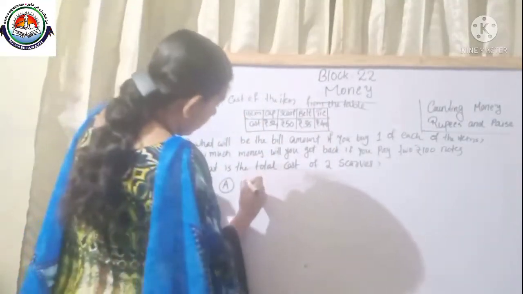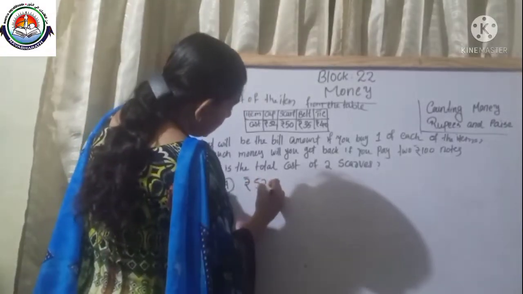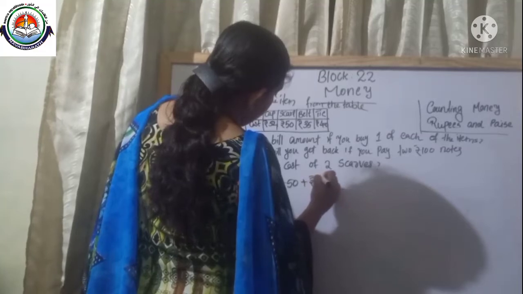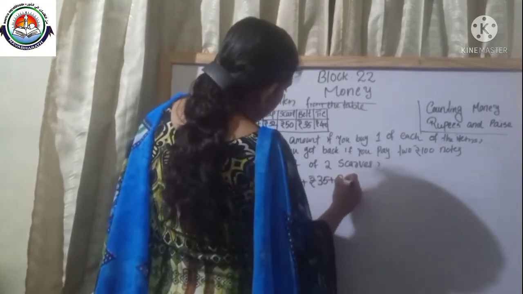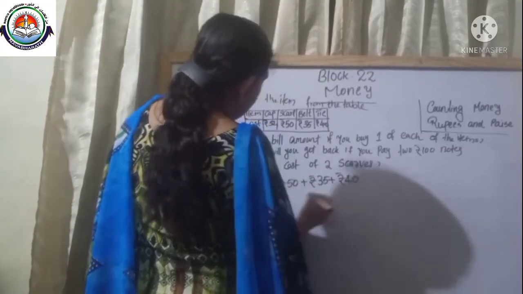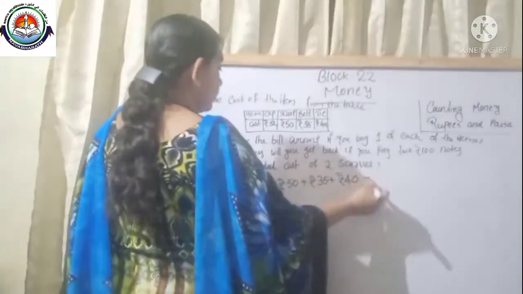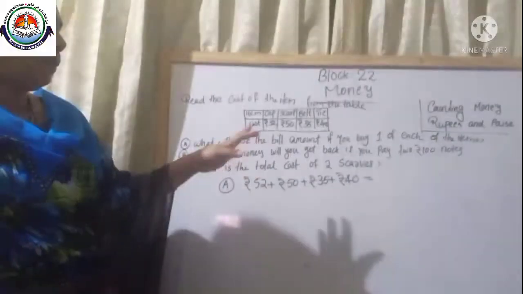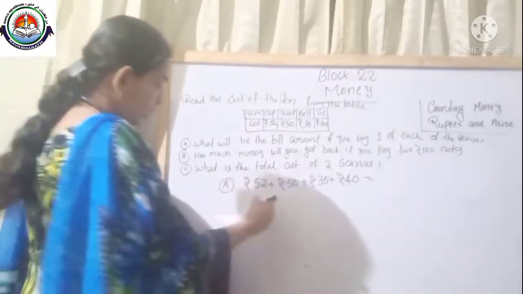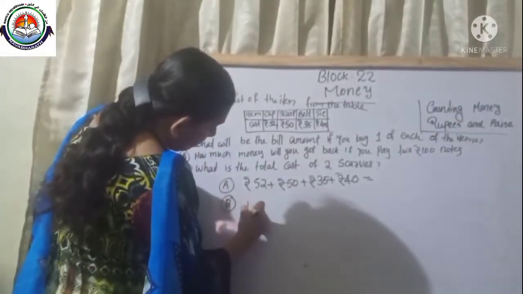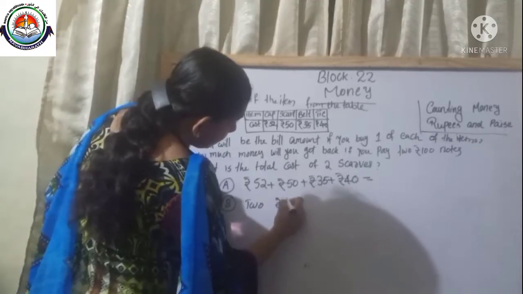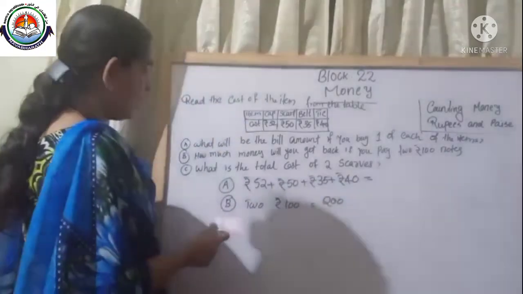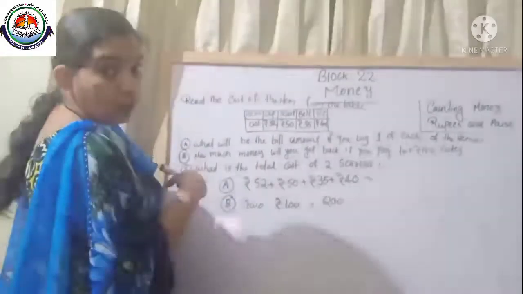So rupees 52 plus rupees 50 plus rupees 35 plus rupees 40. You find out the answer. Next, how much money will you get back if you pay 200 rupees?